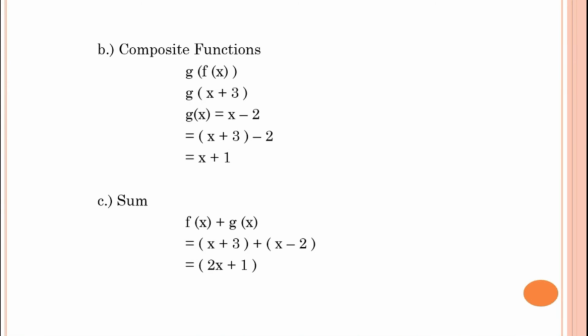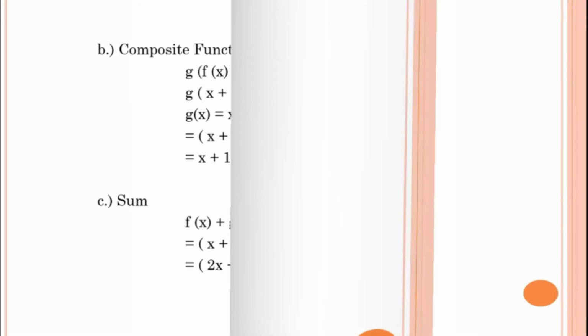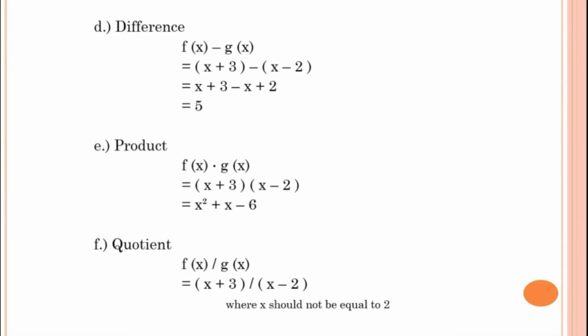When you add x plus 3 plus x minus 2, the answer would be 2x plus 1. To solve for the difference of f of x minus g of x, we substitute its values, and it will result in x plus 3 minus x plus 2. The answer would be 5.